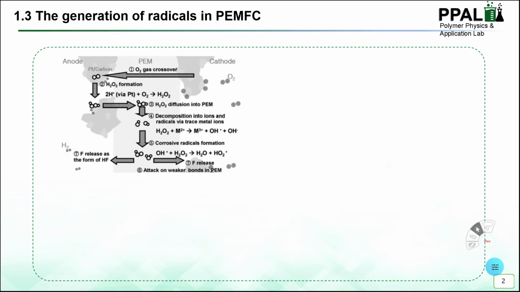And thus the H2O2 molecules will be degraded to generate the OH or OOH radicals, and these radicals will directly attack the polymer structure to begin the degradation process of electrolyte membranes.